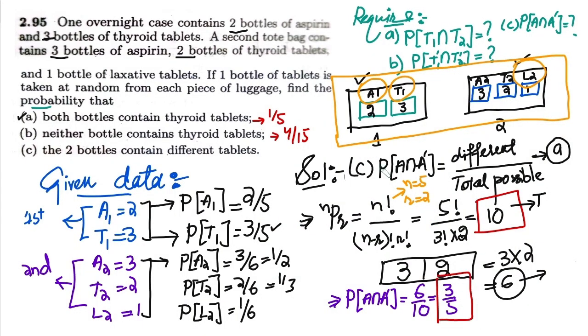So you have seen that from the very fundamental equation for probability and random variables, I have found out the probability that the two selected bottles are different from each other, and for that case I have basically considered the number of classes I have here, and these classes are the tablet names which I have been using here.